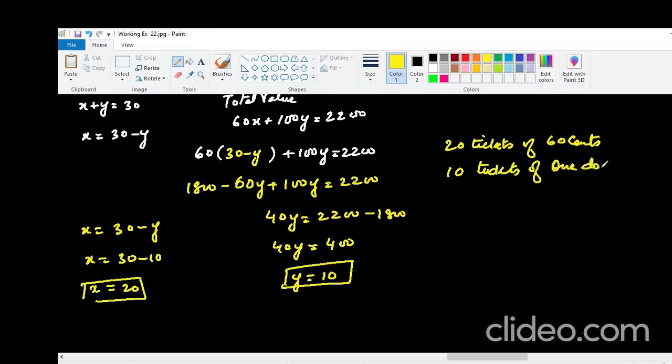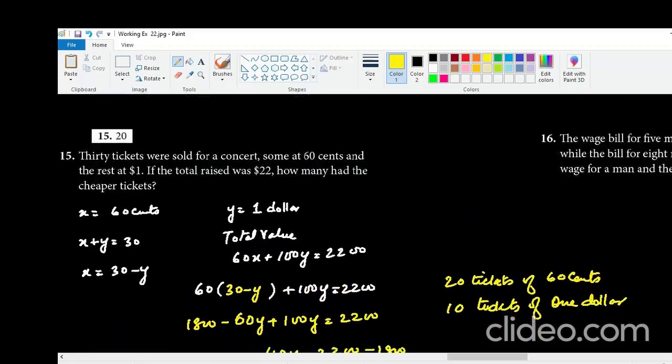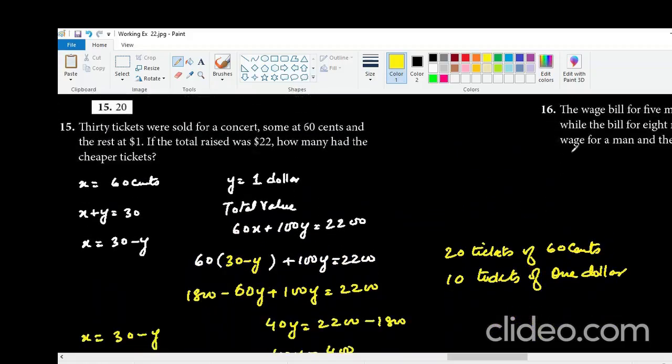So this was the answer. How many had the cheaper tickets? That means 20. This is the answer.